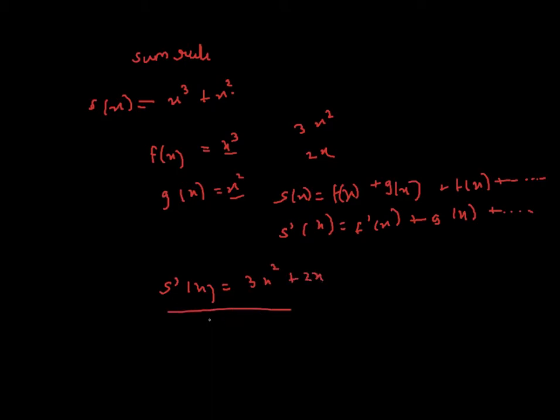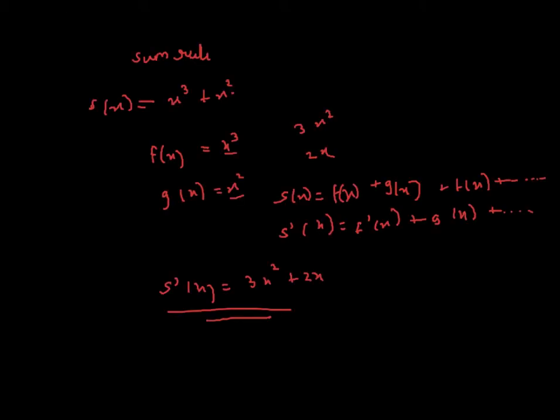So this is the derivative, and we found it using the sum rule. It was easy, right? So intuitively you might predict that if the sum rule deals with the addition of two functions, the difference rule must deal with the subtraction of the two functions. If you're thinking so, you're absolutely right. So let's move on to the next rule.